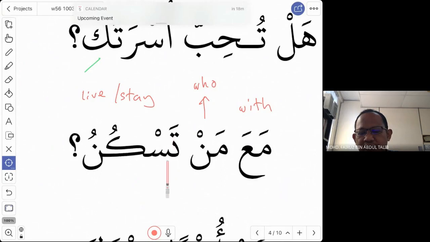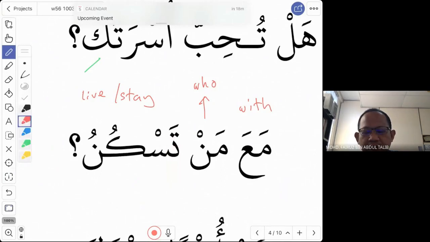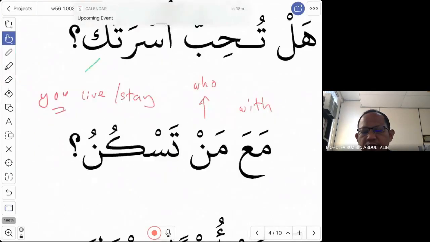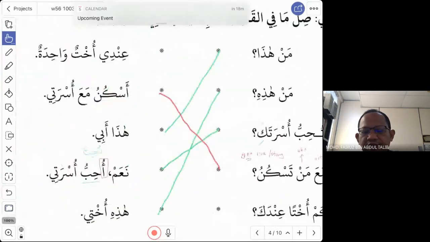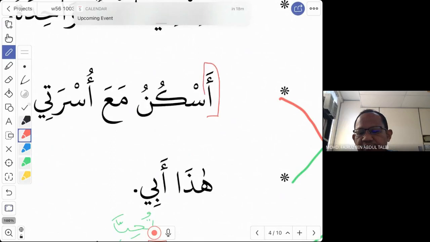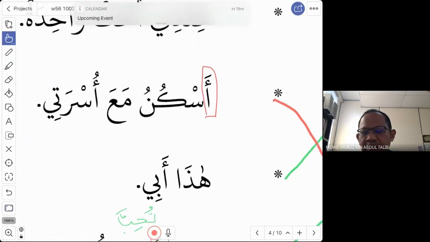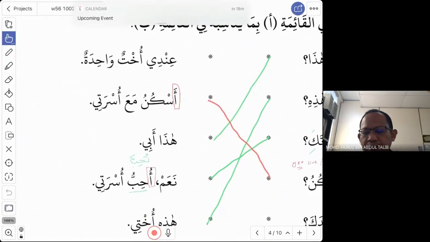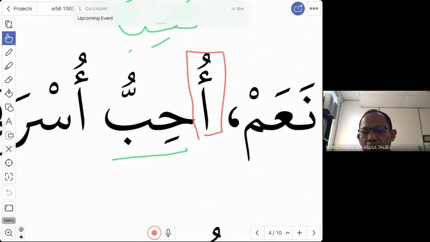You can add the word you here: with whom do you stay, or with whom do you live? Askunu is the same word, but now with this alif. What is the meaning of this alif? This is similar to uhibbu.